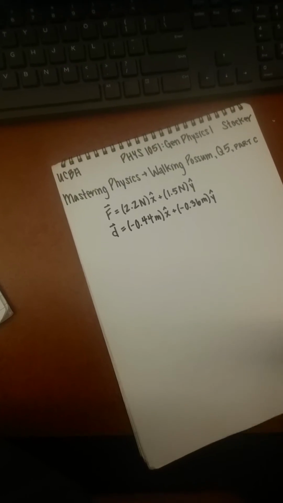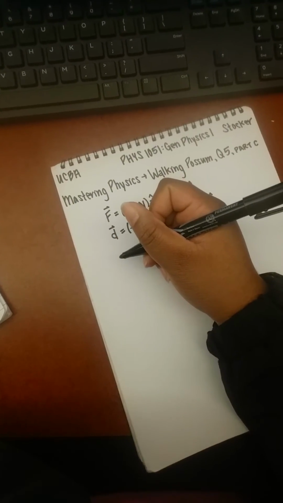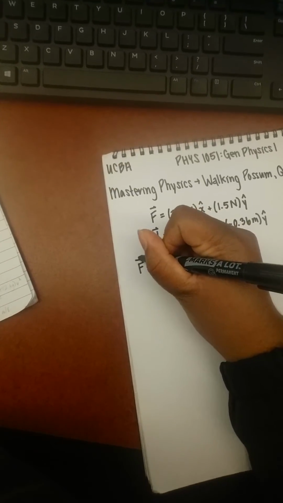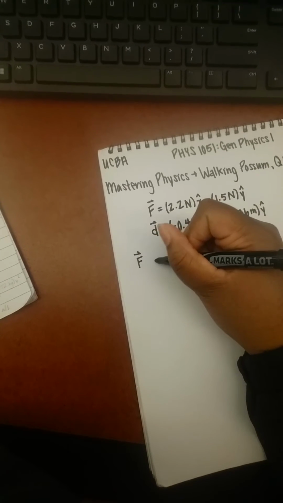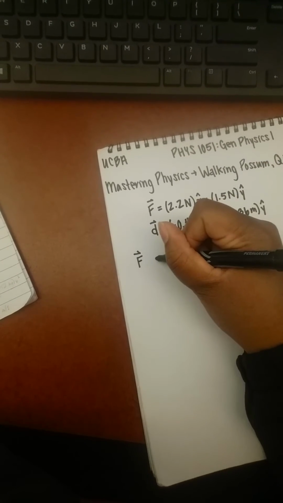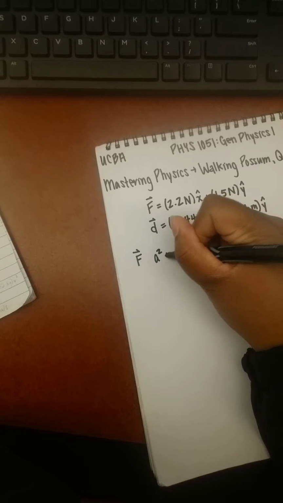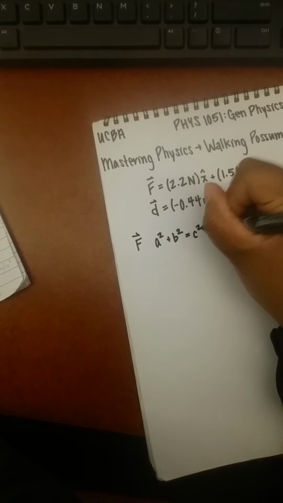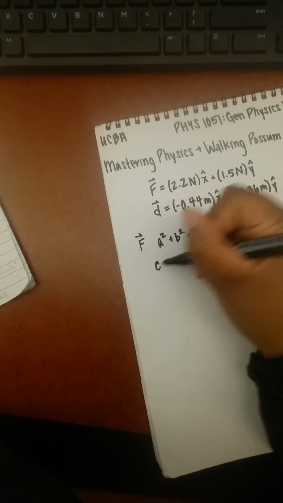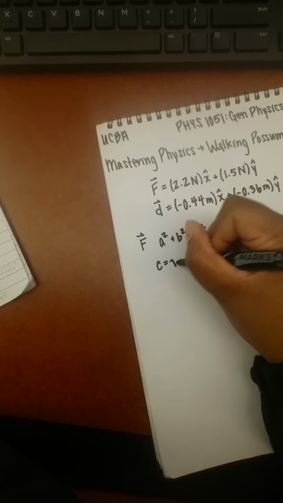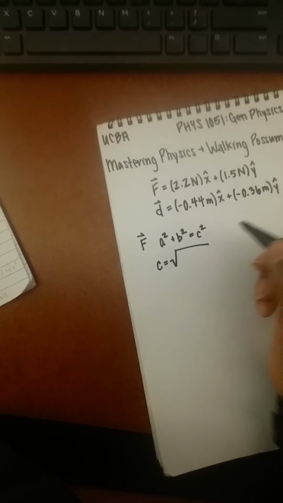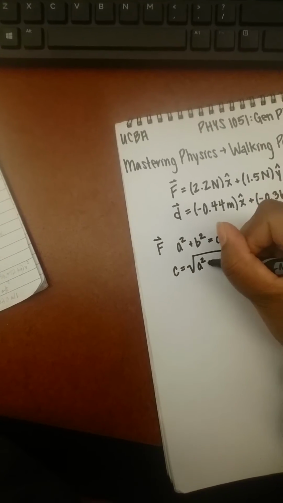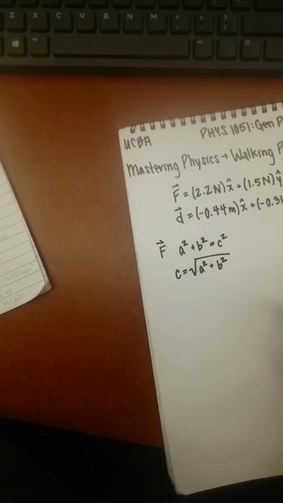So what I did was, this is for F. We know that the Pythagorean theorem states that a squared plus b squared is equal to c squared. Once you rearrange it, c is equal to the square root of a squared plus b squared.